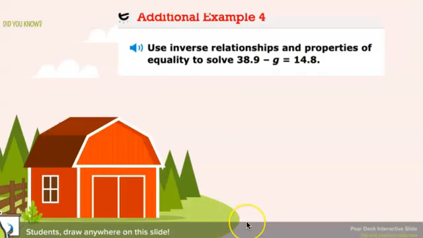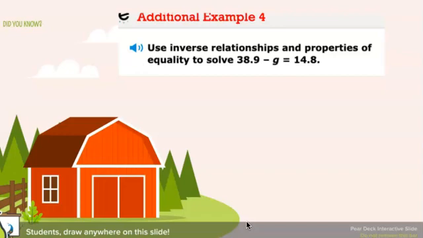All right, I got this in the challenge of the day. So this is one of them. Use inverse relationships and properties of equality to solve 38.9 minus g equals 14.8. Again, it has to be a positive g. What will you do in this equation so we end up with positive g equals?